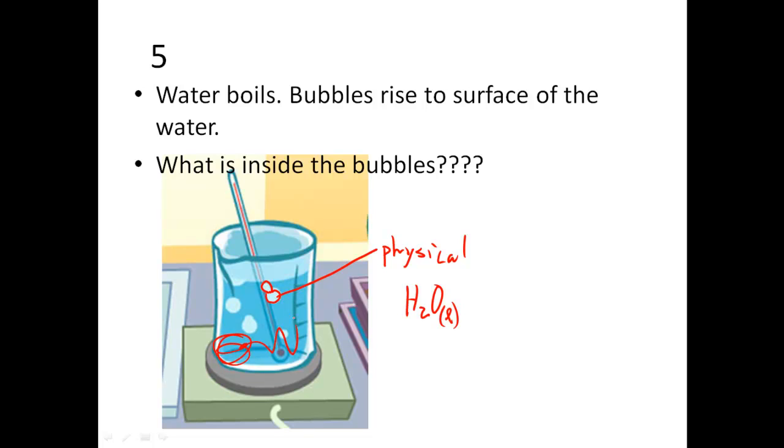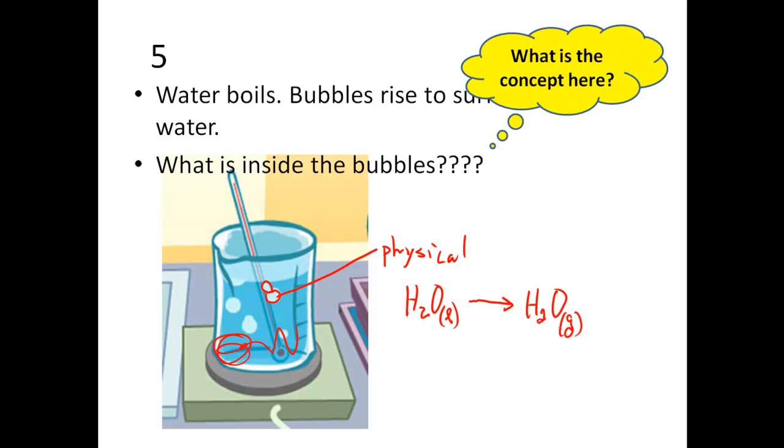We are talking about water, right? Okay. And turning into water as a gas. We still have water in those bubbles. There hasn't been a chemical change. Very commonly misunderstood concept. It's just a physical change.